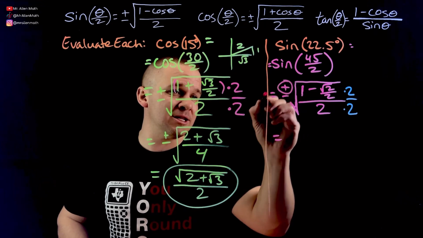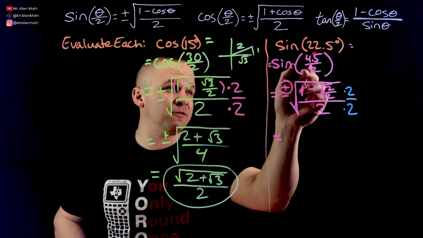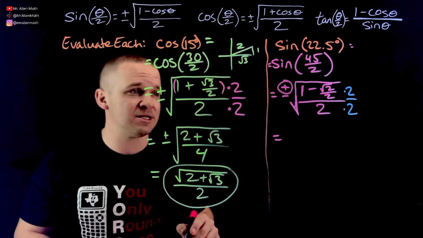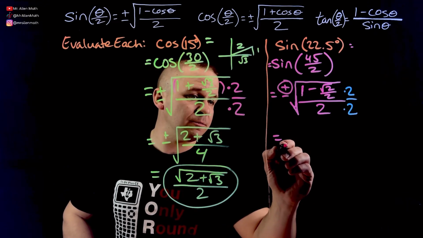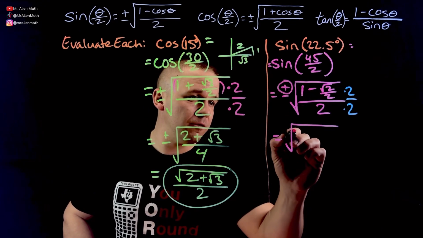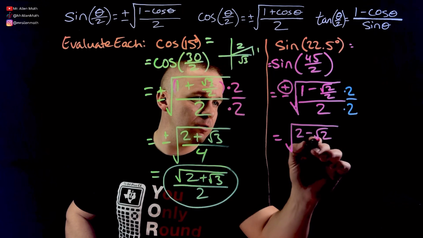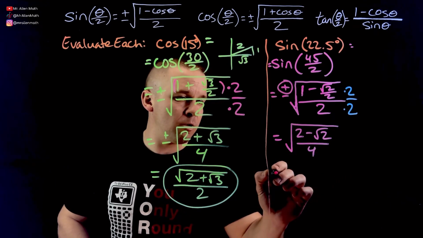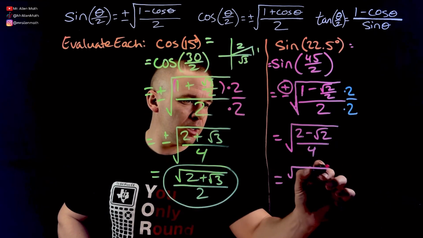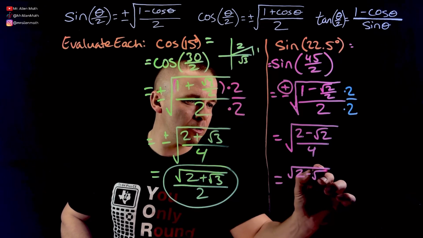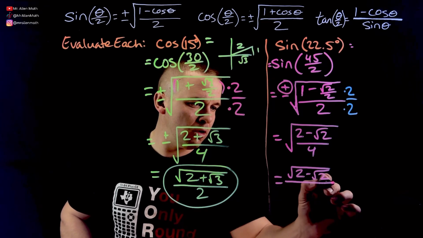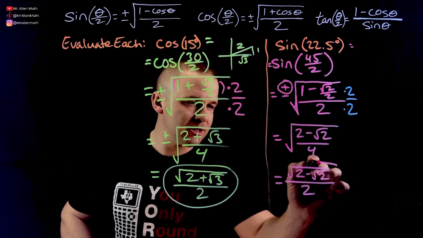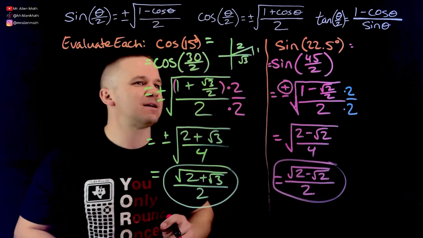We've also already decided this thing is positive because 22.5 is in my first quadrant. Sine is positive in the first quadrant. So now I have the square root of 2 minus root 2 all over 4. Square root of 4 is 2. So we're going to get something like this: 2 minus the square root of 2 all over 2, not in the square root. It's a lot of 2's right there, man. But that is our final answer.